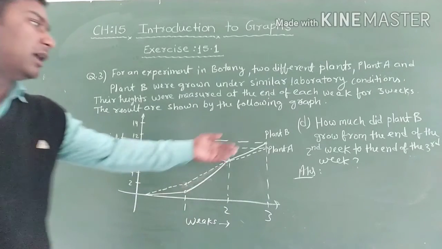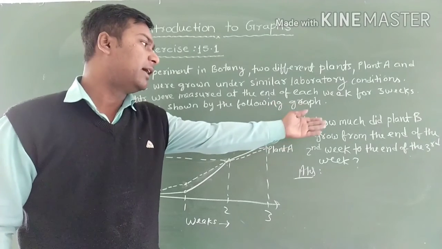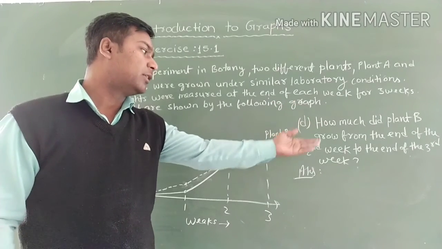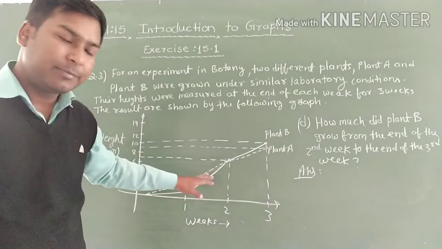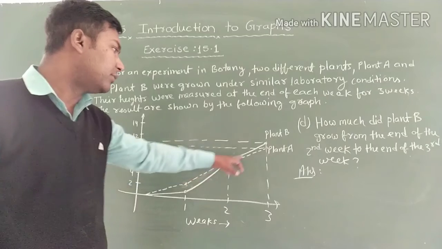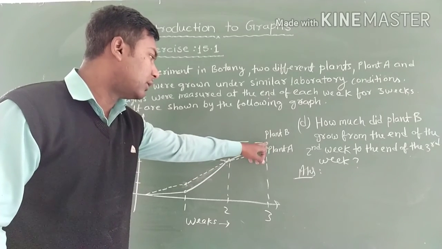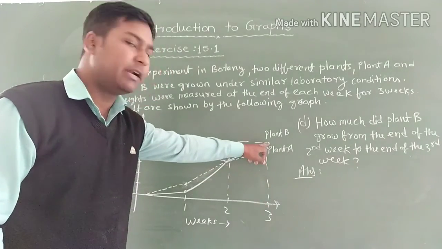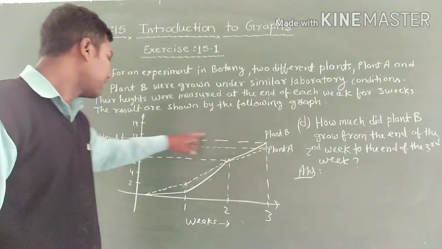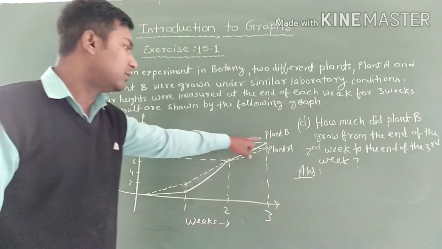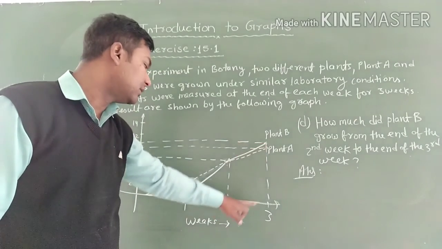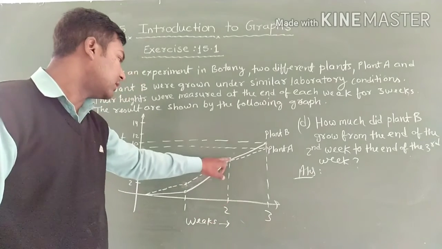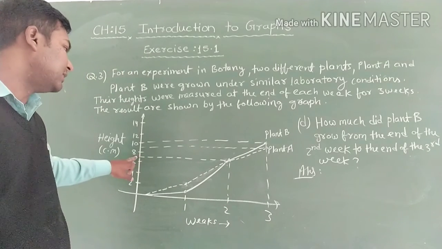Question number D. How much did plant B grow from the end of the second week to the end of the third week? Plant B is represented by the simple line. Okay, this is plant B. After the third week, the height of the plant is 10 centimeter, and after the second week, the height of the plant is 7 centimeter.